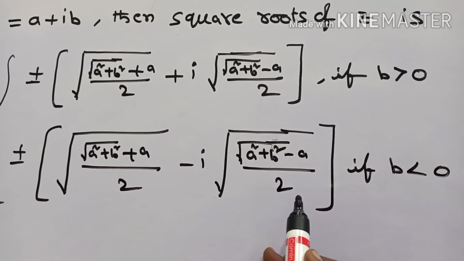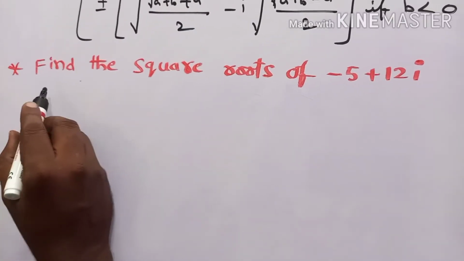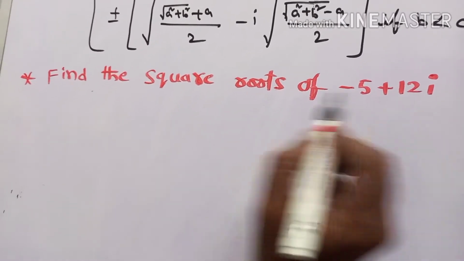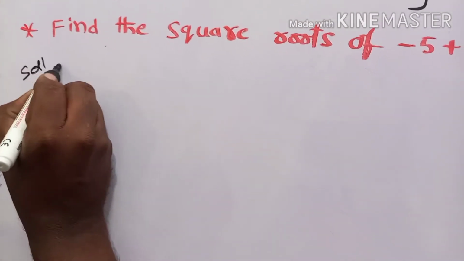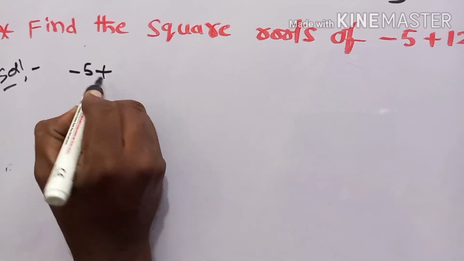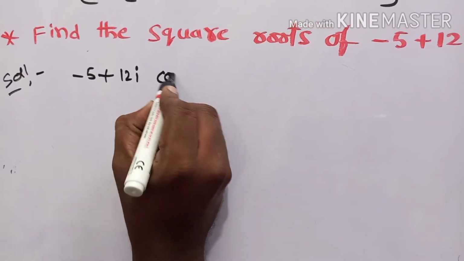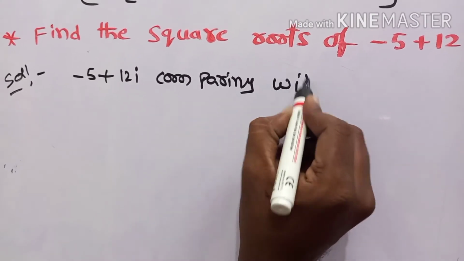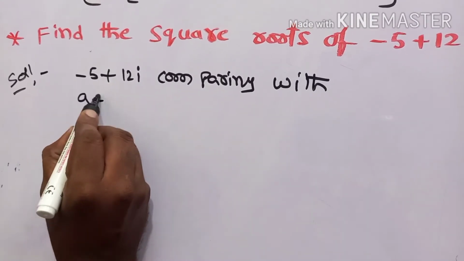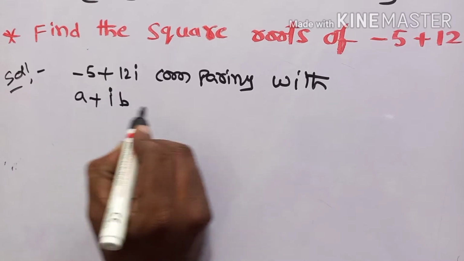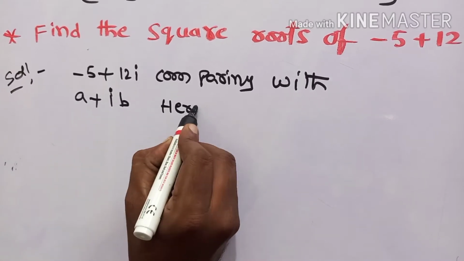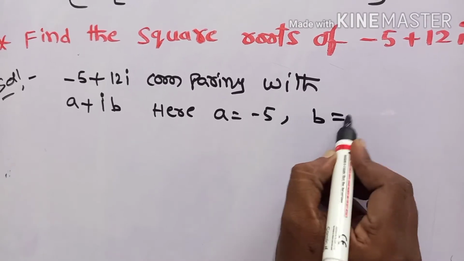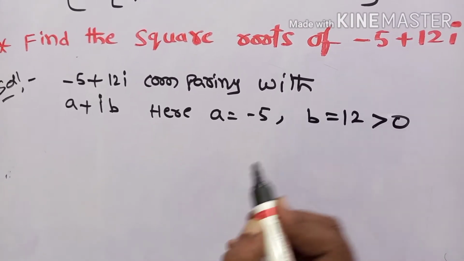That's enough. Now the question is: find the square roots of minus 5 plus 12i. Solution: comparing minus 5 plus 12i with a plus ib, here a is equal to minus 5, b is equal to 12, which is greater than 0.